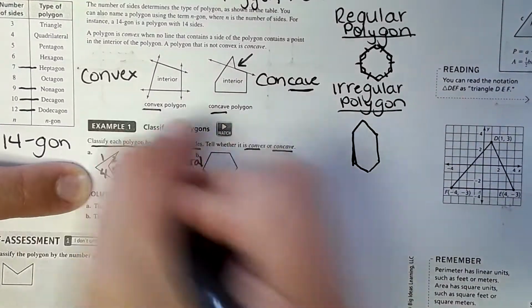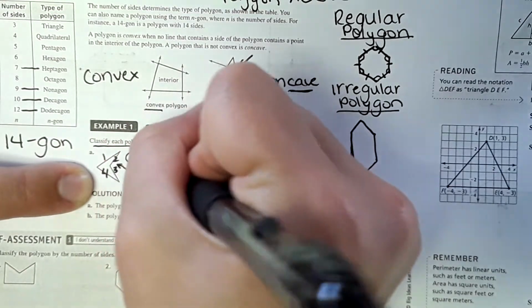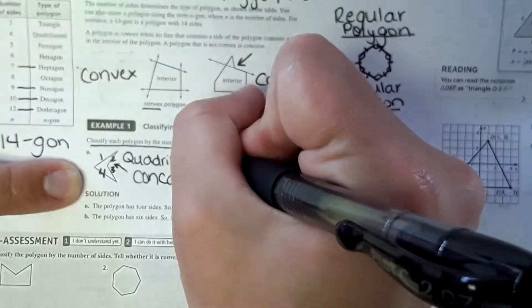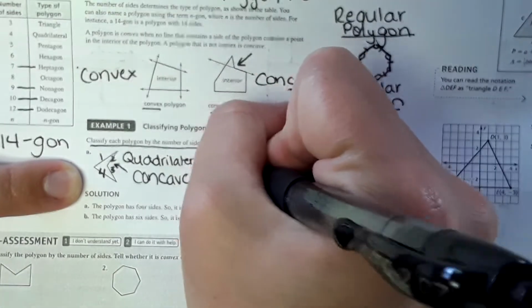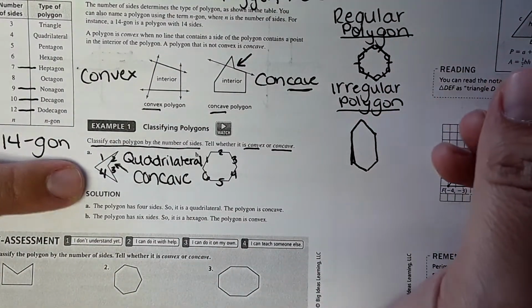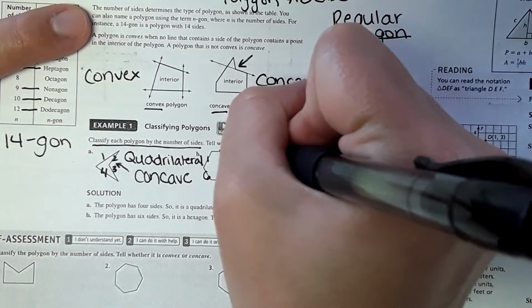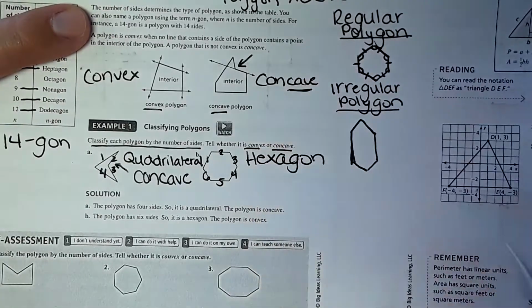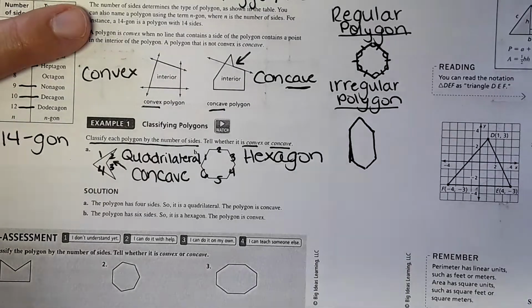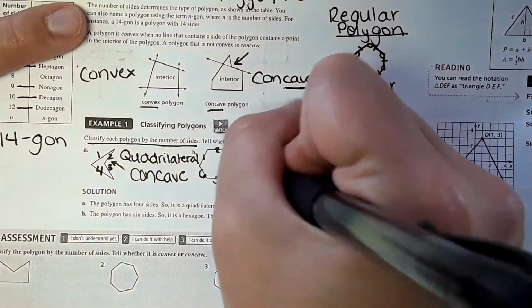Well, it looks like it has a cave right there, so it must be concave. The next one, how many sides? It has 1, 2, 3, 4, 5, 6 sides. So that would make it a hexagon. And then it doesn't cave into itself, so that would be convex.